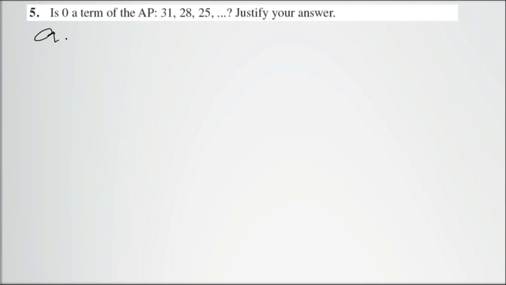So for that, I will consider an as 0. The first term is 31 and the common difference is 28 minus 31, which is negative 3.